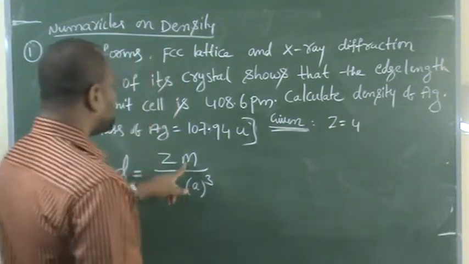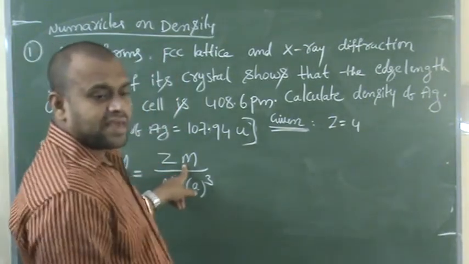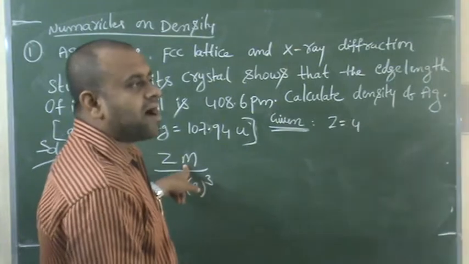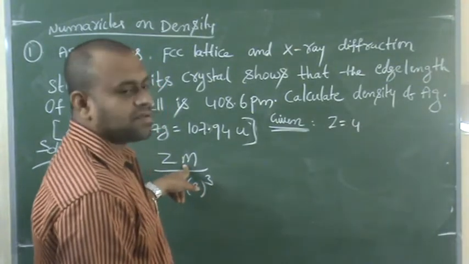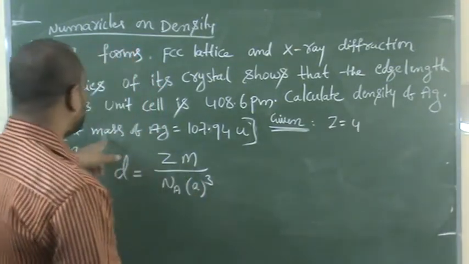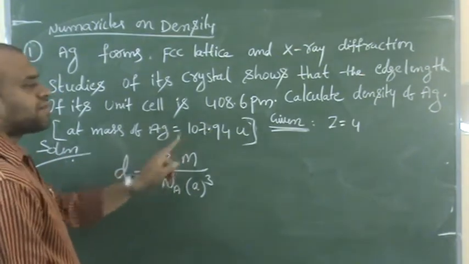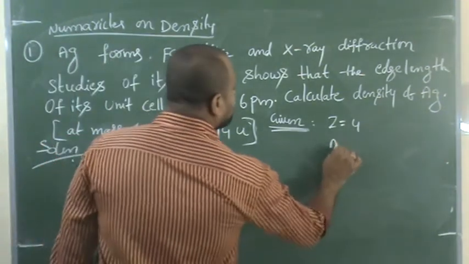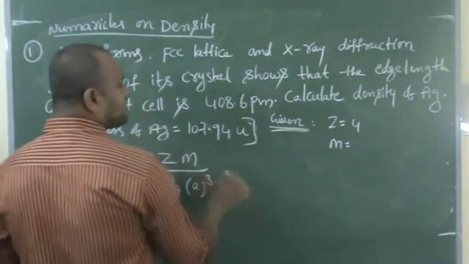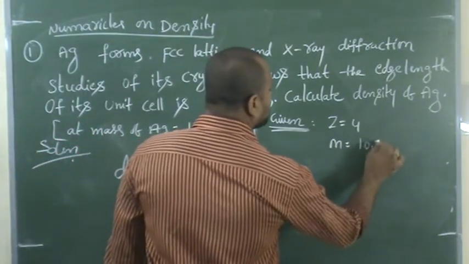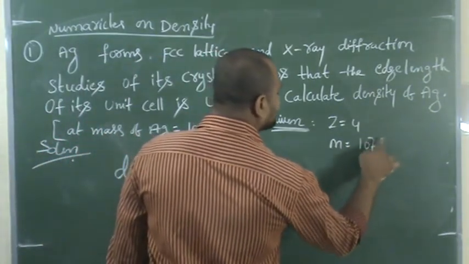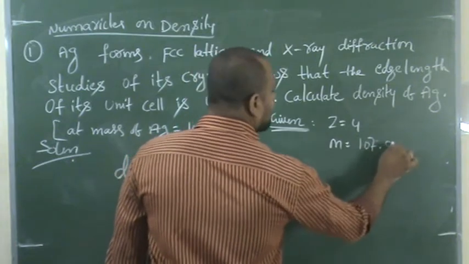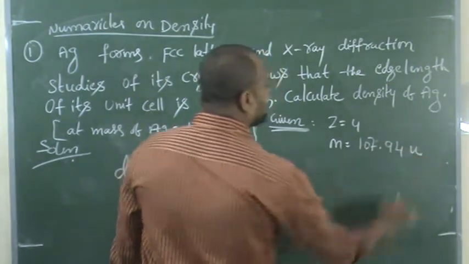Next, what is M? M is nothing but molecular mass, and they have already given it: 107.94 unified mass.